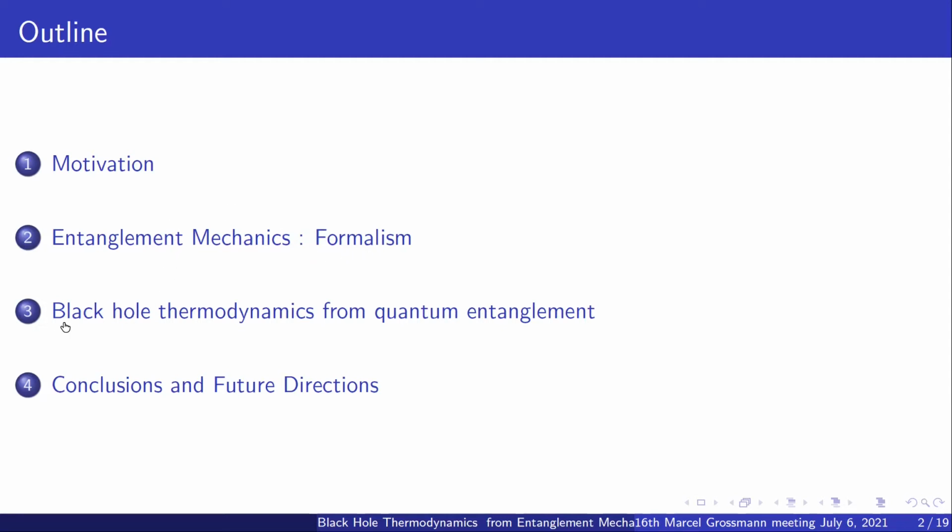In the next section, I'll be discussing purely the results based on these numerical simulations and how black hole thermodynamics seems to be emerging from entanglement mechanics. Finally, I'll be going through the repercussions of these results and how they can affect future lines of work.